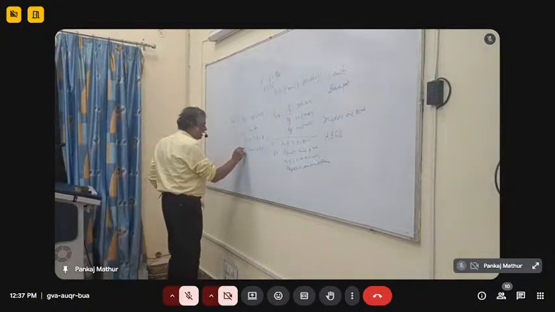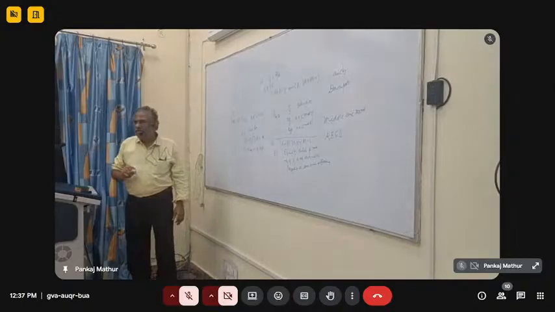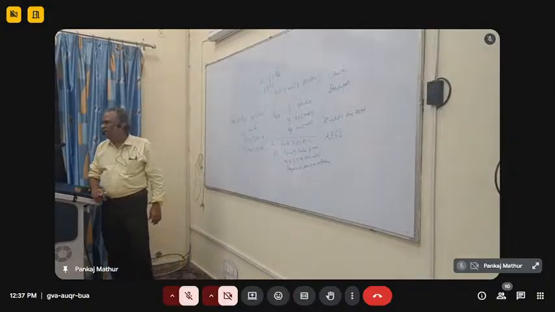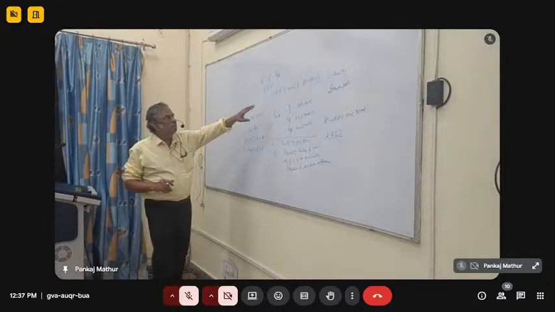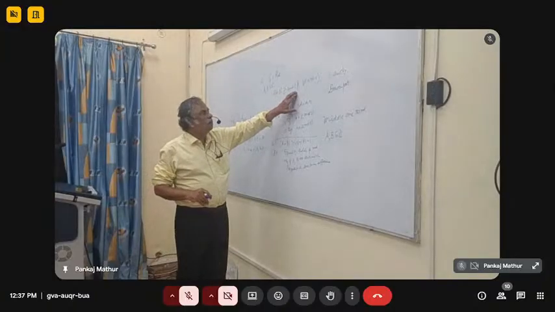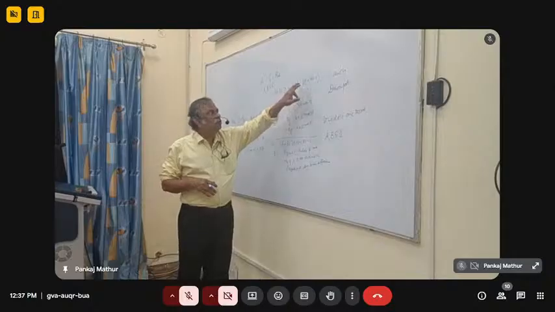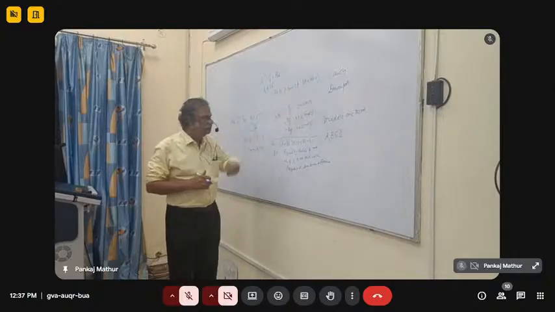But on the other hand, by the Cauchy-Davenport theorem, the cardinality of A plus A is bigger than or equal to the minimum of P and 2|A| minus 1.